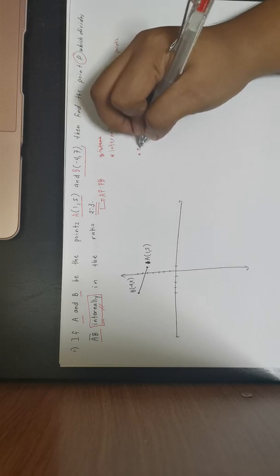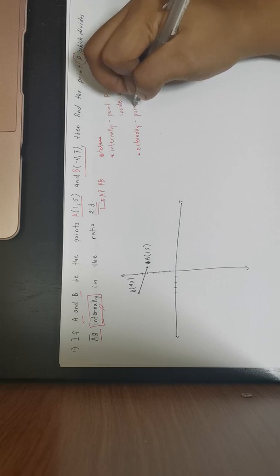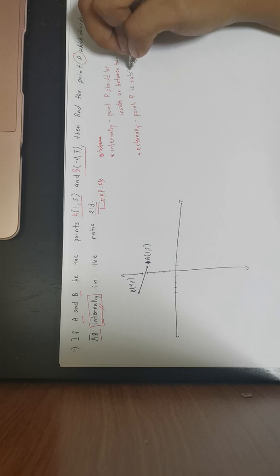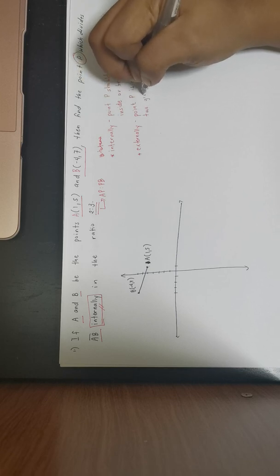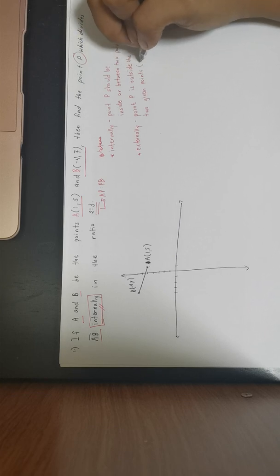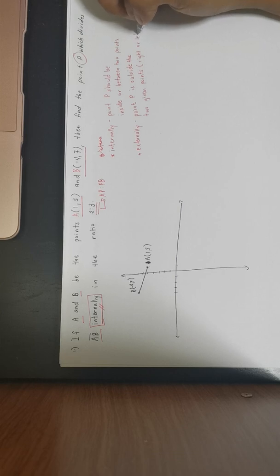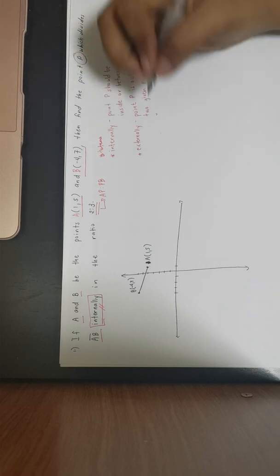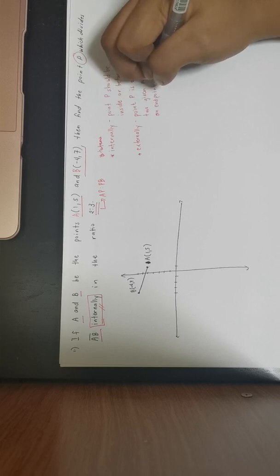When we say externally, point P is outside the 2 given points, so either on the right or left of an endpoint of the segment.